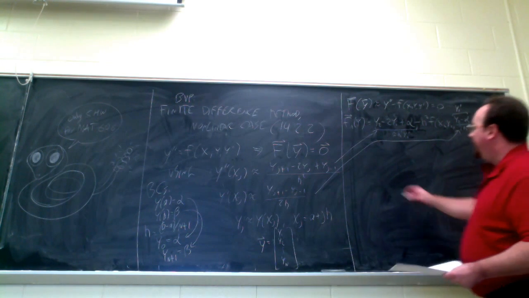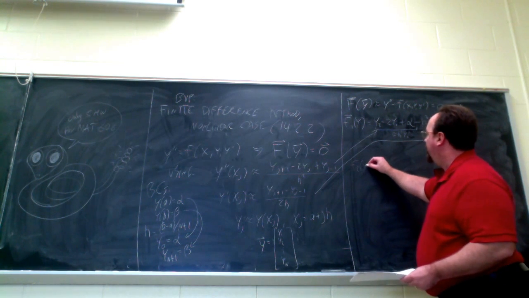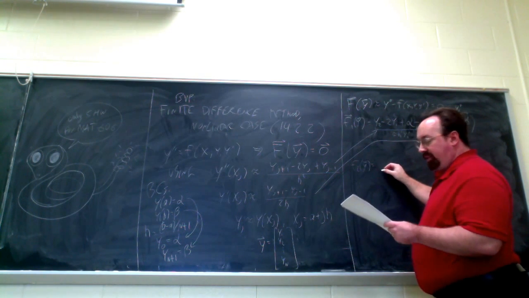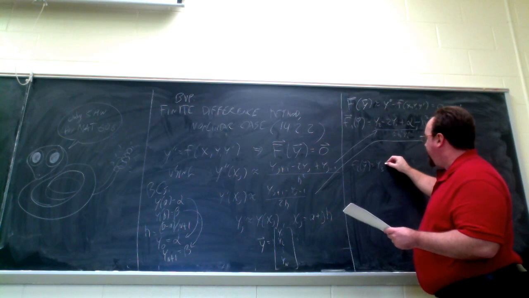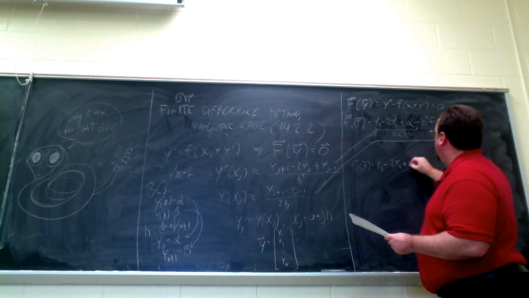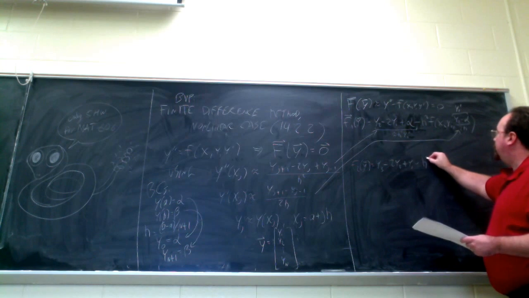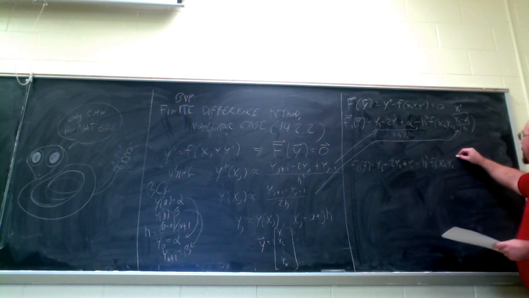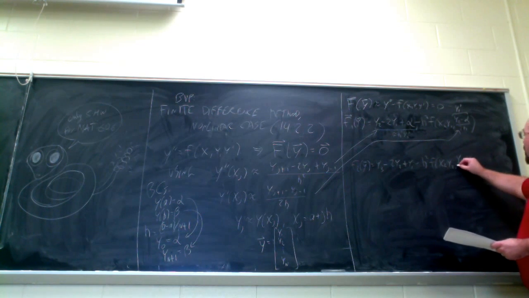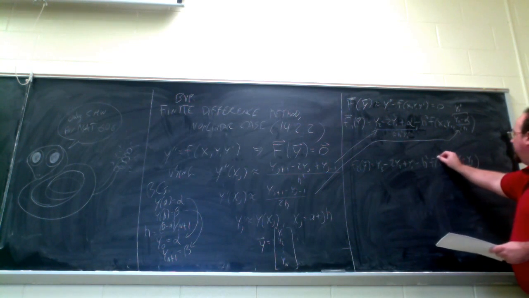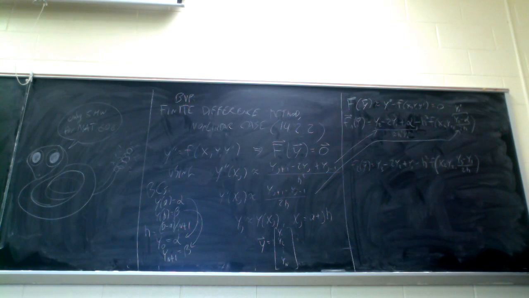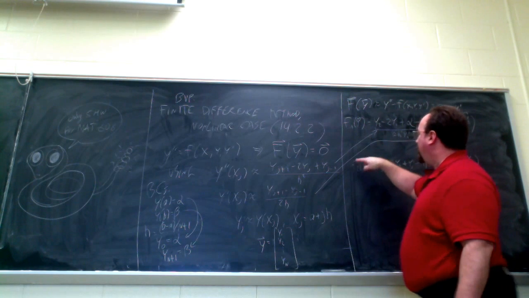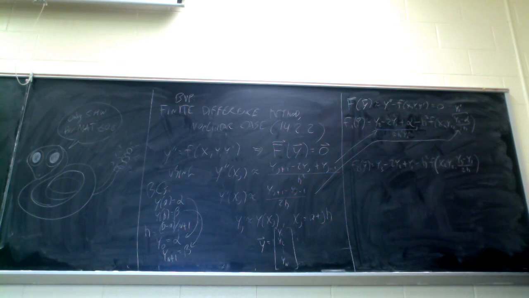So for instance, the second component, f2 of y, this is a vector y here, is equal to y3 minus 2y2 plus y1 minus h squared f of x2, y2, and then y2 prime, which is y3 minus y1 all over 2h. Okay. This should not have a vector symbol. Each component function of F is just a scalar valued function.